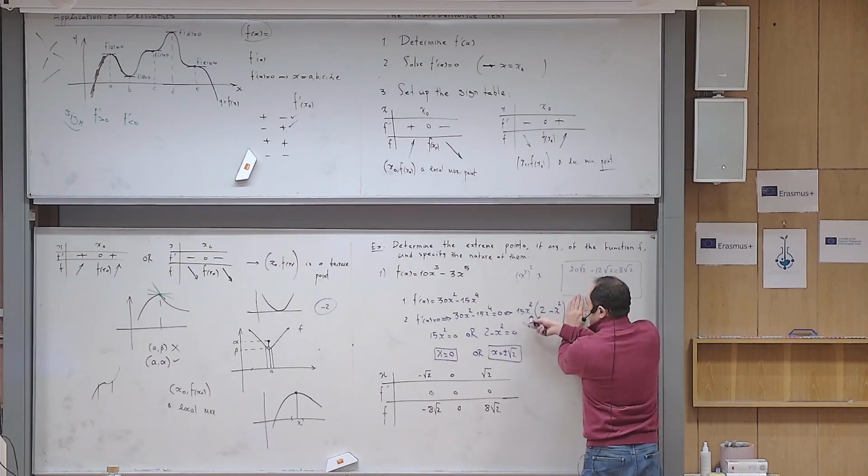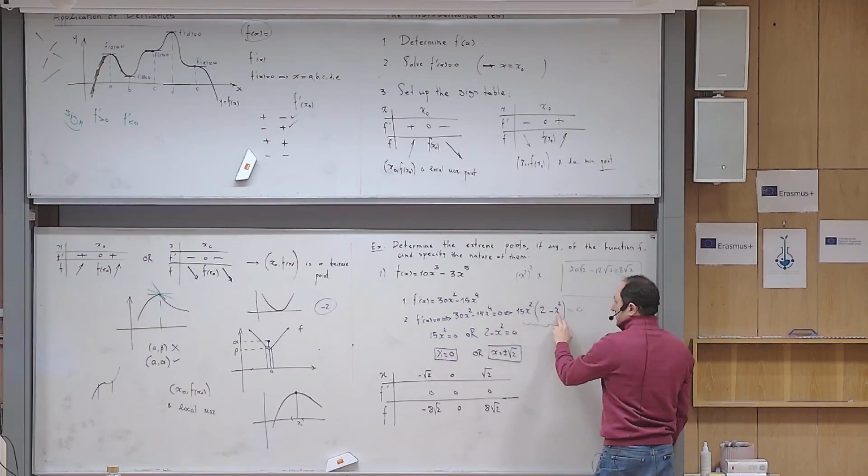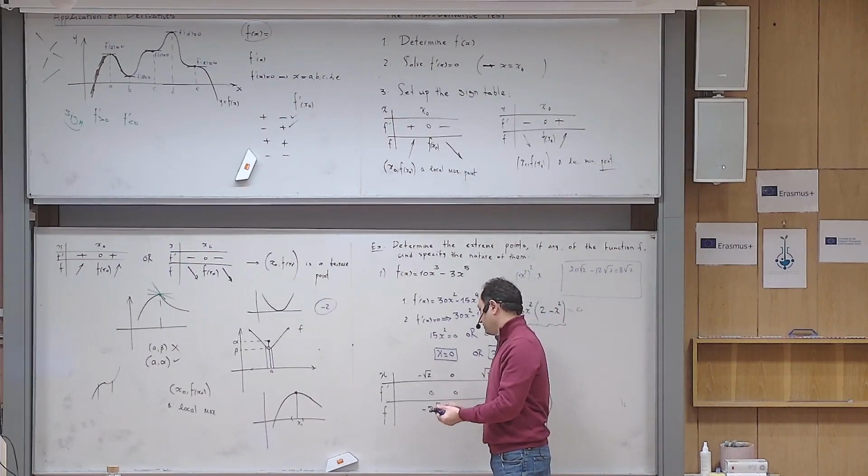This part of my derivative is always non-negative. So this is the only important factor for me. And if I put minus 2 here, it becomes positive 4. 2 minus positive 4 is negative 2. And this one is always positive. So when I multiply them, definitely it becomes what?